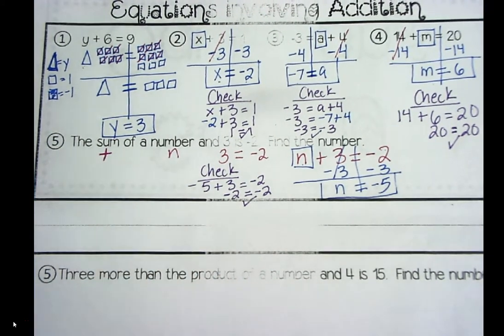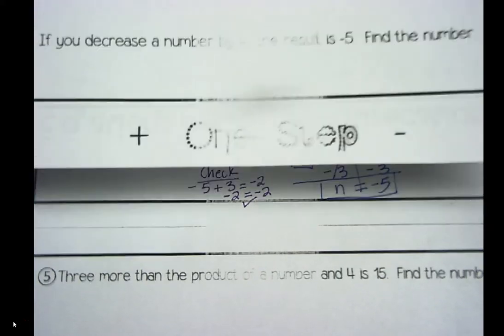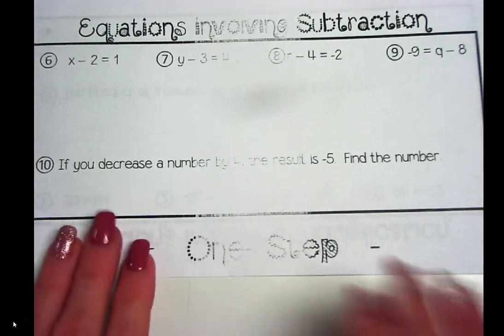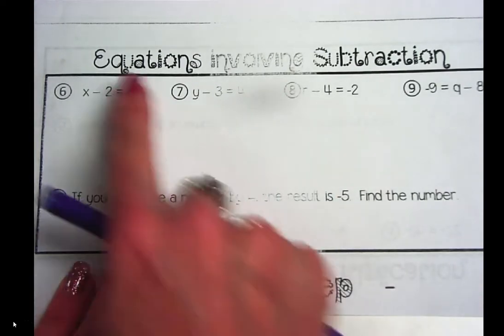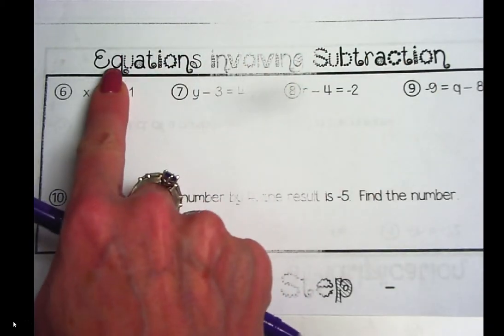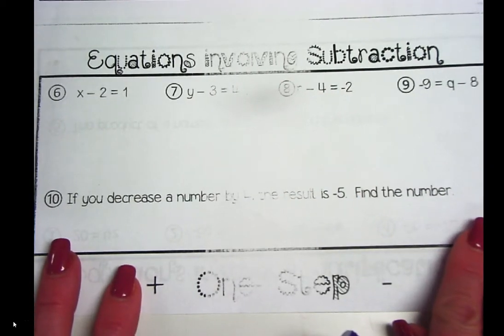So we're going to take the other sheet, the sheet that has the 1-step plus and minus on the bottom. Okay, and it has equations involving subtraction. So I want you guys to find this, help each other find this if you need to. So we're going to go with these equations involving subtraction.